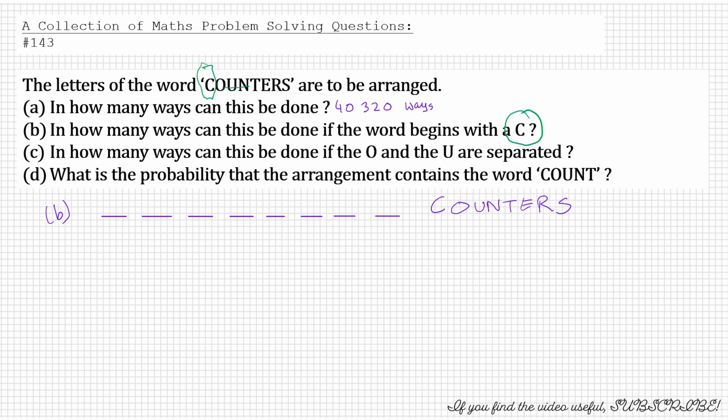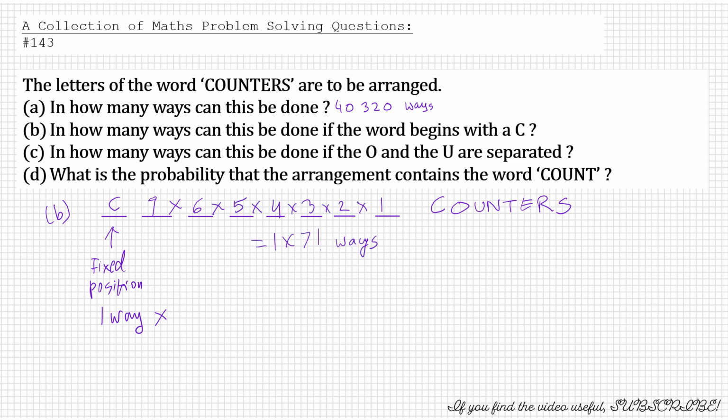So the rest of the places, there are 7 more spaces, and those 7 spaces can be taken factorial 7 ways. So the answer would be simply factorial 7, and that is 5040 ways.